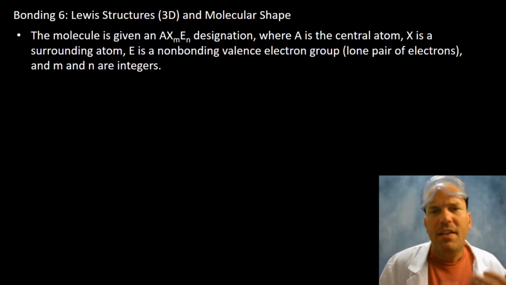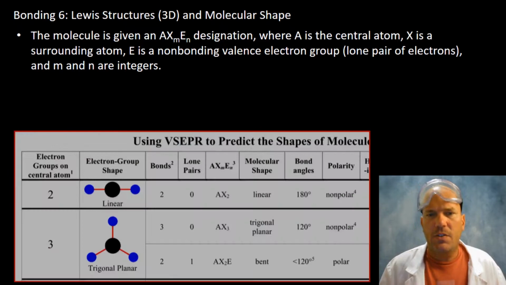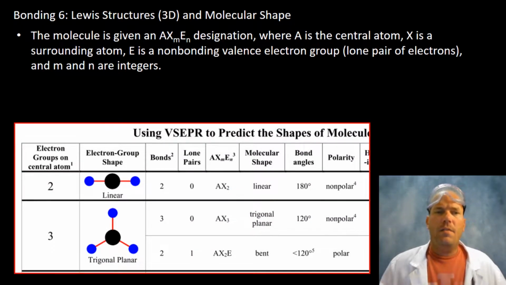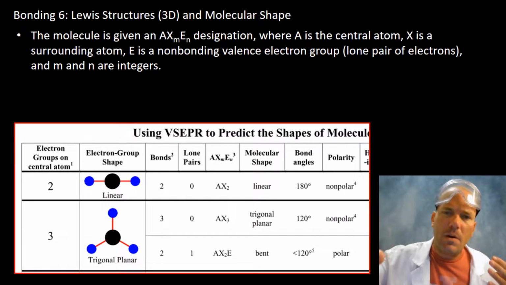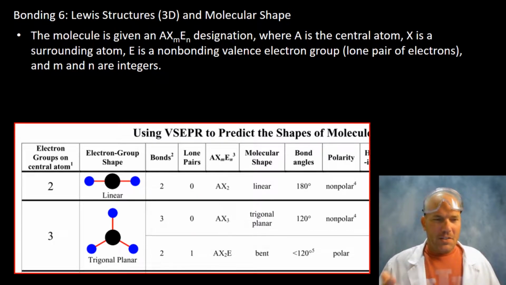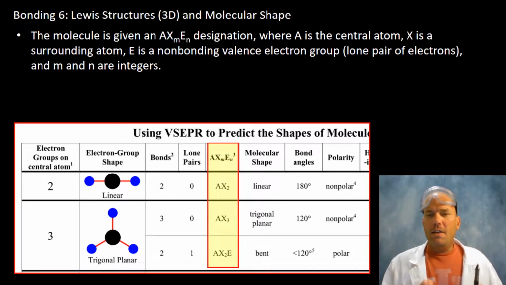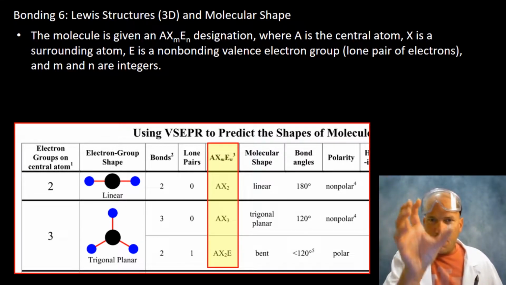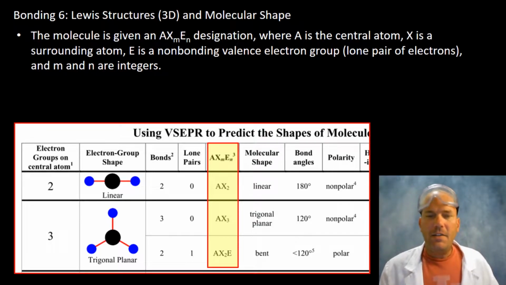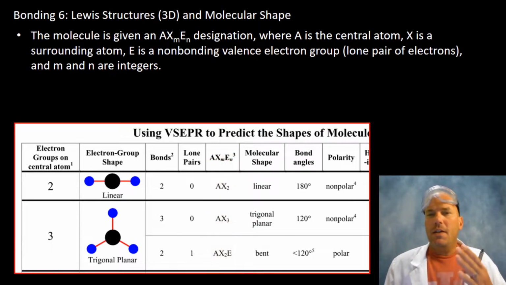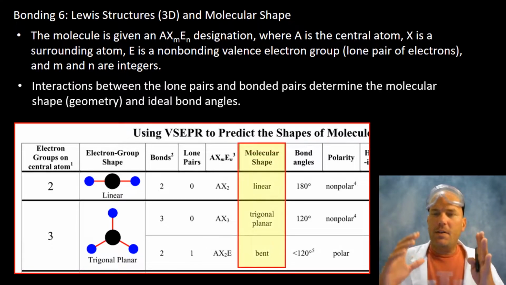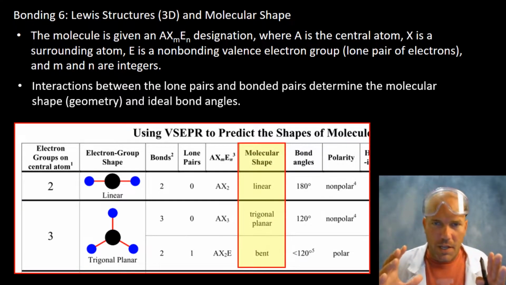M and N denote the integers, so the number of surrounding atoms and the number of lone pairs. So let's look at your shape sheet here and identify the AXE designation so you can familiarize yourself where to find that, and also take a look here at something called the molecular shape.